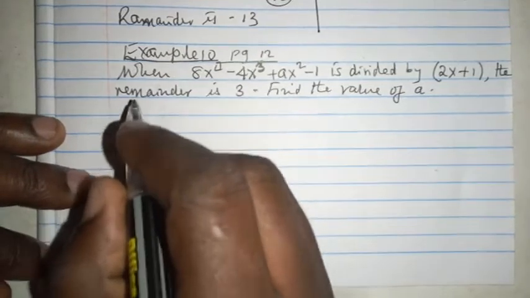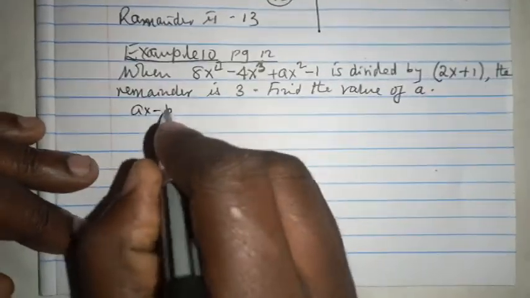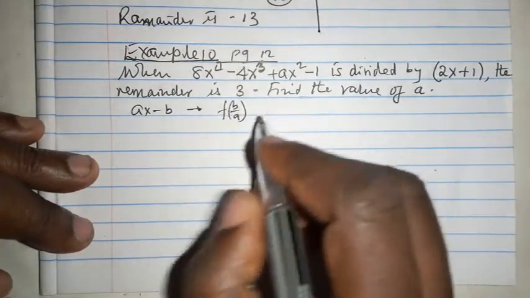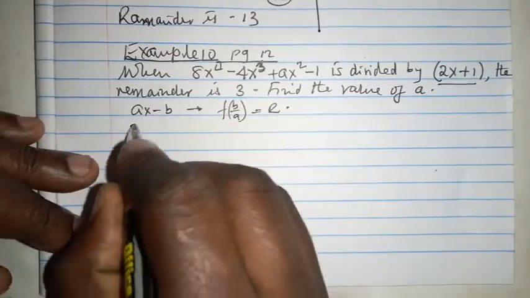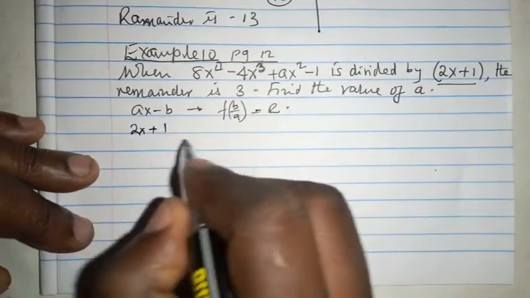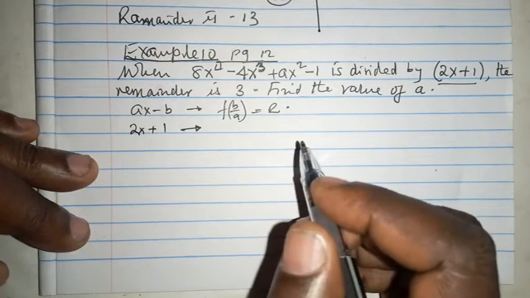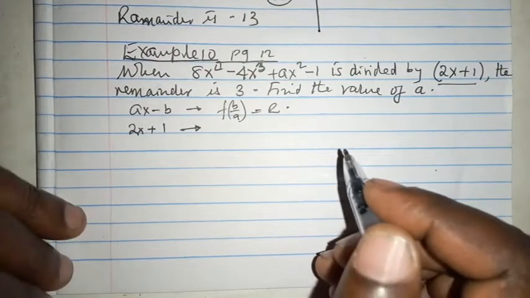If we compare with the general divisor of ax minus b, where f of b over a is the remainder, our divisor is 2x plus 1. We can already see different signs.